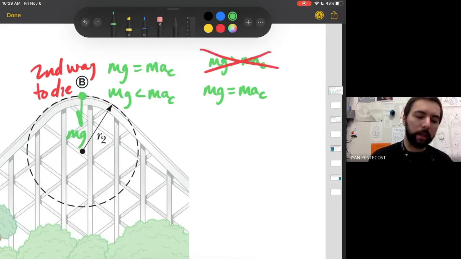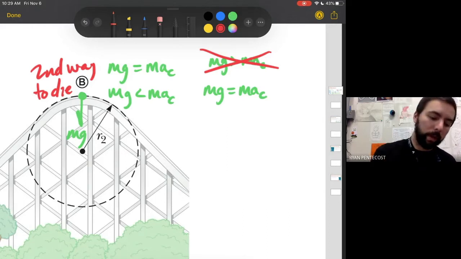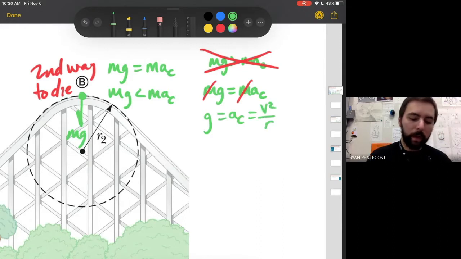Ideally, you have your mg just equal to mac, so you don't get launched off the coaster, but you also feel that little bit of weightlessness, right? So the m's here would cancel. We could say that g equals ac, which equals v squared over r.